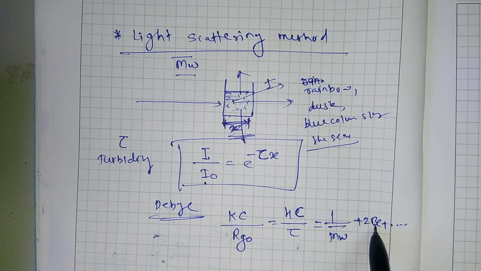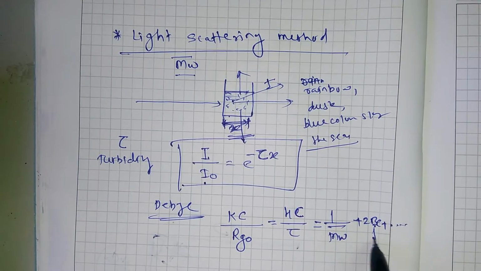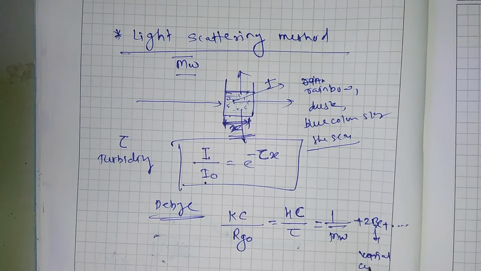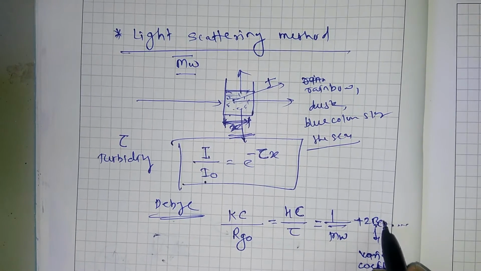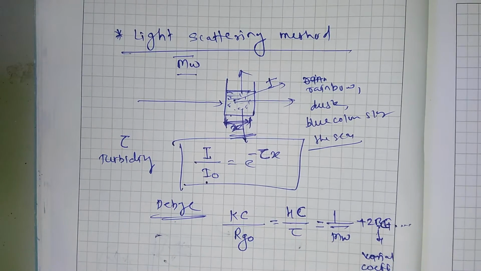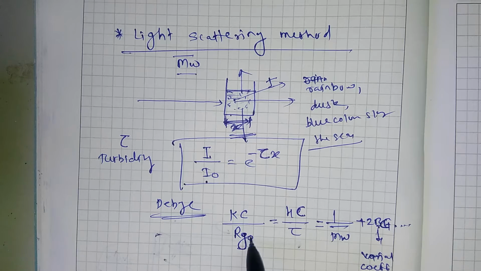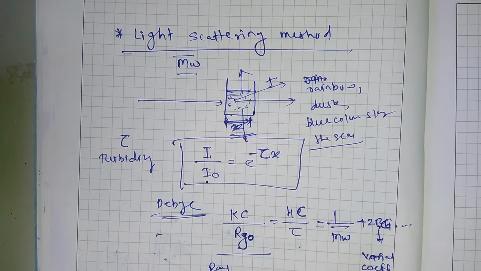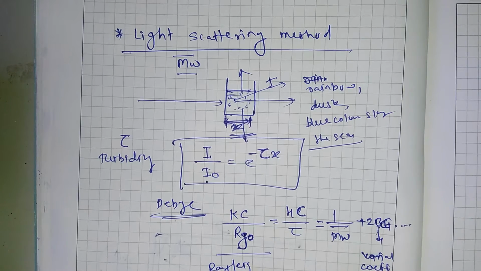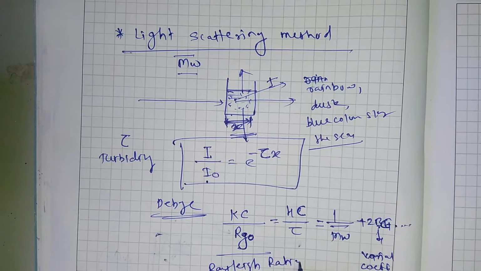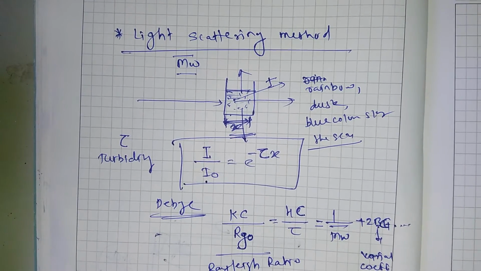Here B is again the virial coefficient, and c is the concentration of the solution. This is R90, not a G. R90 is the Rayleigh ratio at 90 degree angle.